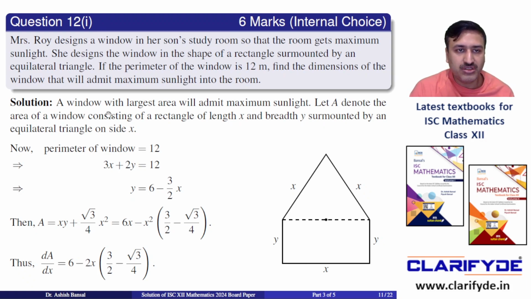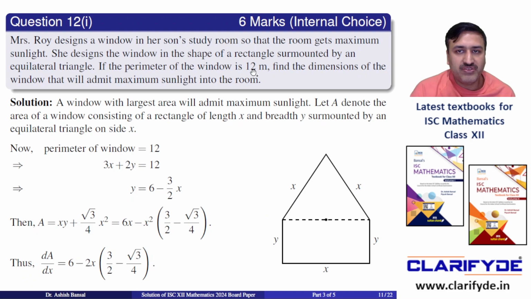and we want the window to have the largest area so that maximum sunlight enters. Let A be the area of the window, which has a rectangle of length x and breadth y, and there is an equilateral triangle surmounted on this rectangle. So the side of the equilateral triangle is x.